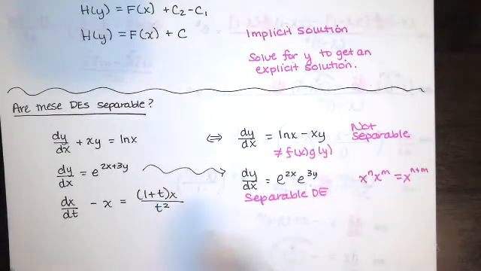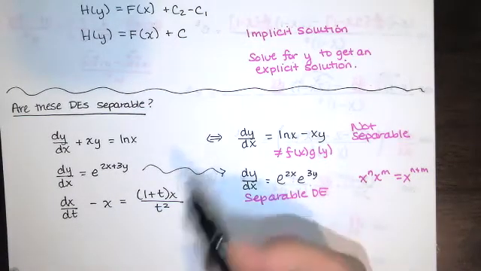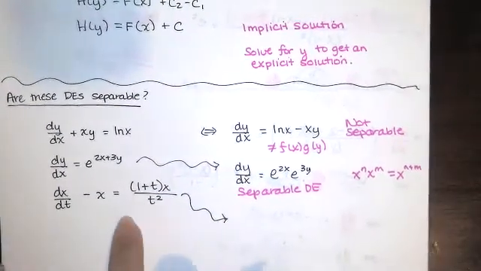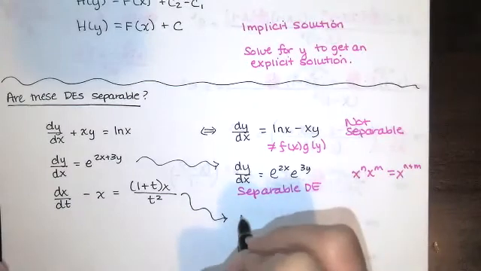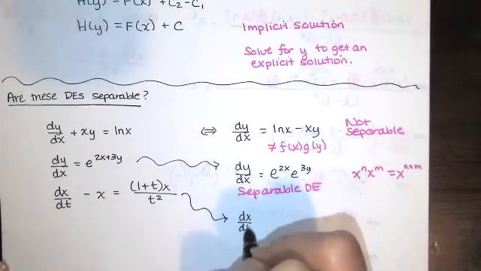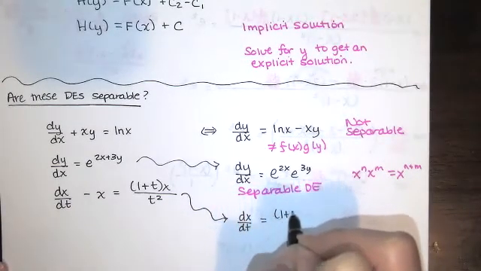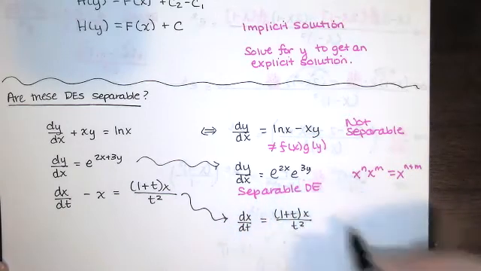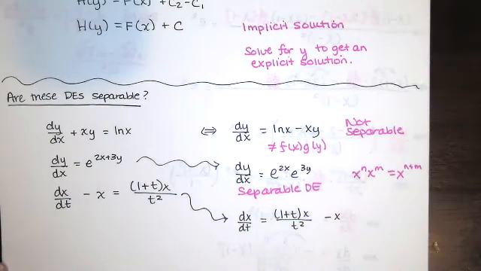And then what about this last guy? Is it separable? It looks to me like it's not, but let's do a little algebra. I've got (1 plus t) times x, all divided by t squared minus x. Can I factor this? Actually, I think I can.